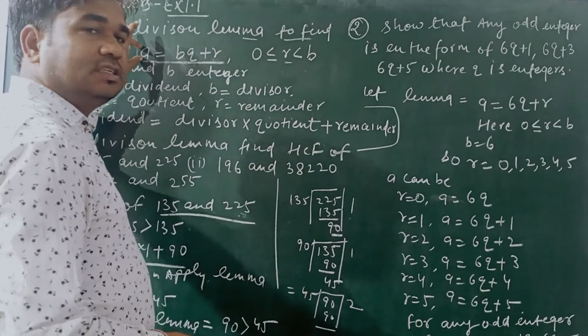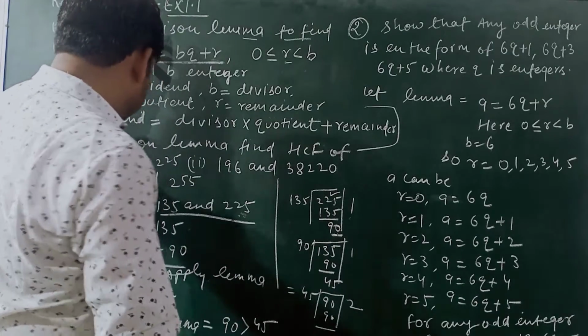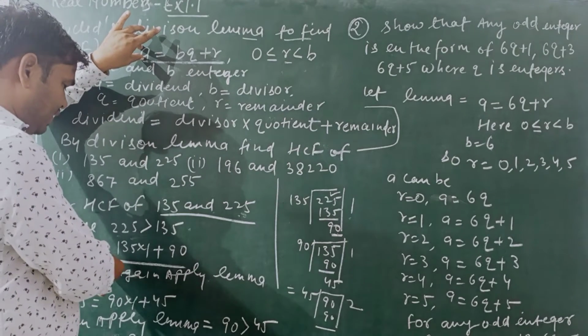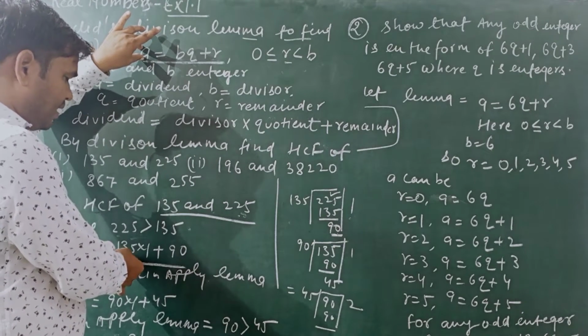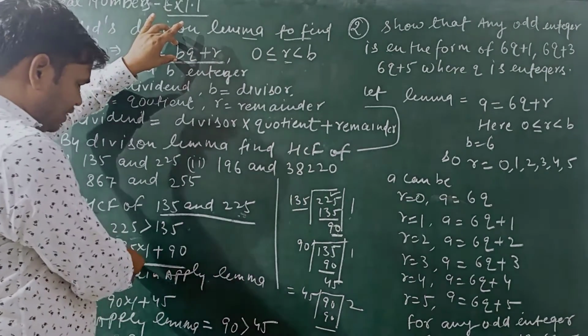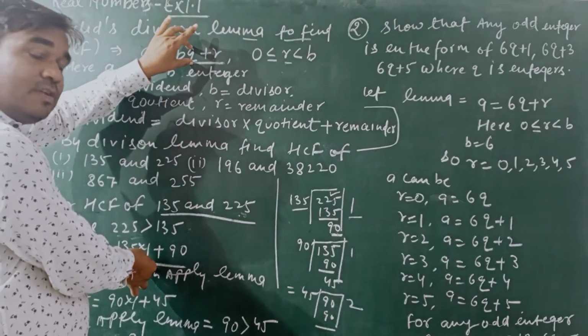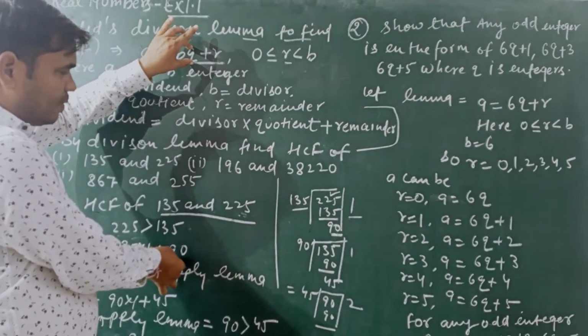Here a is the dividend, that is 225. So 225 equals 135, the divisor, multiplied by 1, the quotient, plus the remainder 90.